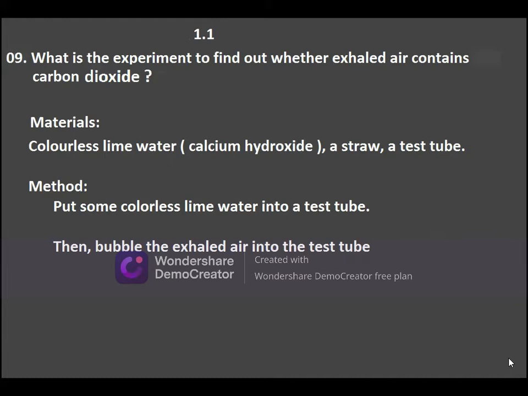9. What is the experiment to find out whether exhaled air contains carbon dioxide? Materials: colorless lime water, calcium hydroxide, a straw, a test tube. The method: put some colorless lime water into a test tube, then bubble the exhaled air into the test tube.